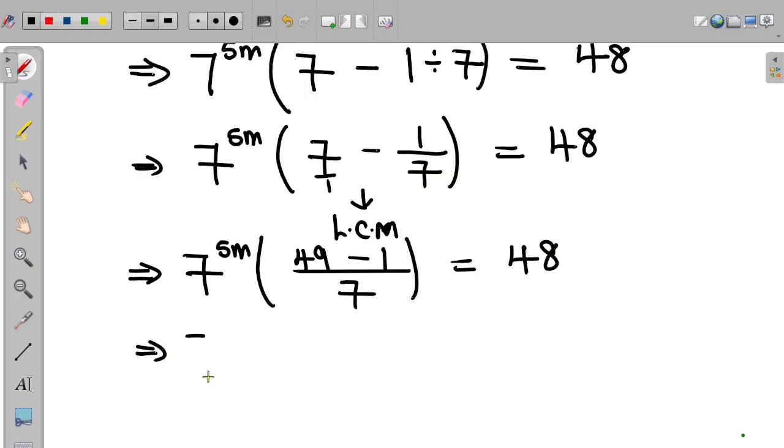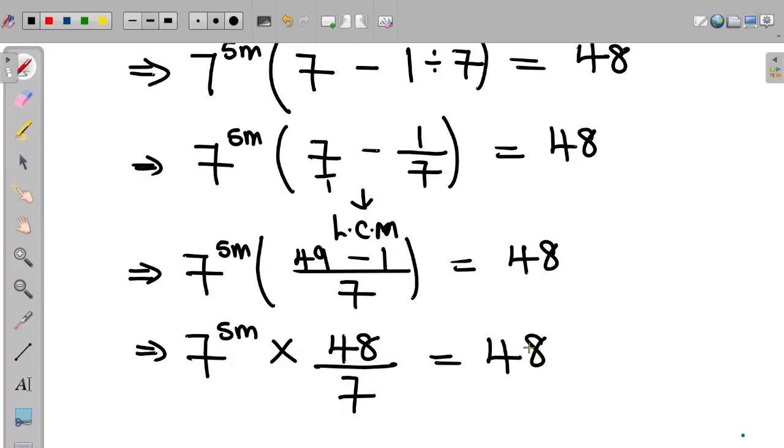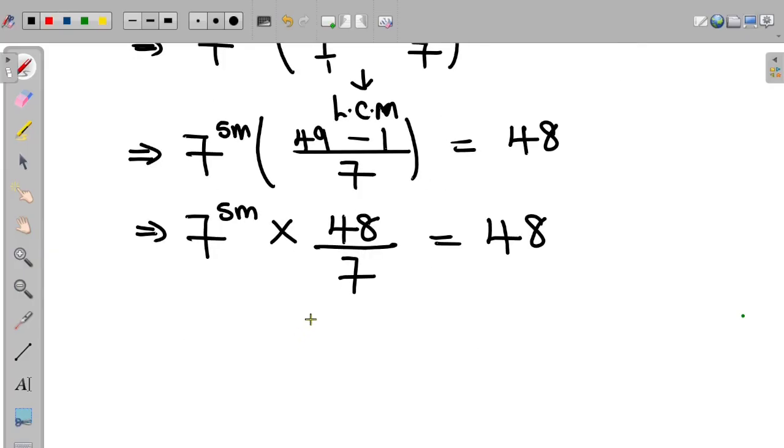So we have 7 to the power of 5m. 49 minus 1 is 48. We have multiplied by 48 divided by 7 equal to 48. So we can push 7 to this part and then divide it by 48.